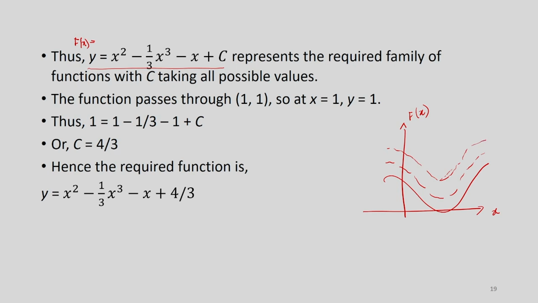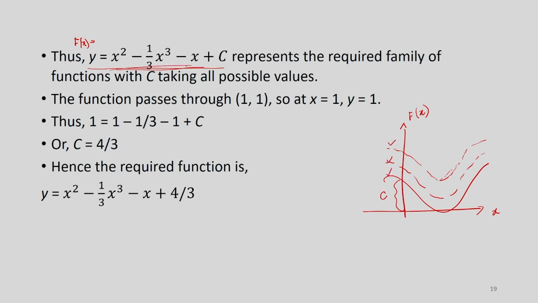Because as you can see, if I put x is equal to 0 here, then the value of the function becomes C. But C is unknown. So, depending on the value of C, you have different positions of the function.